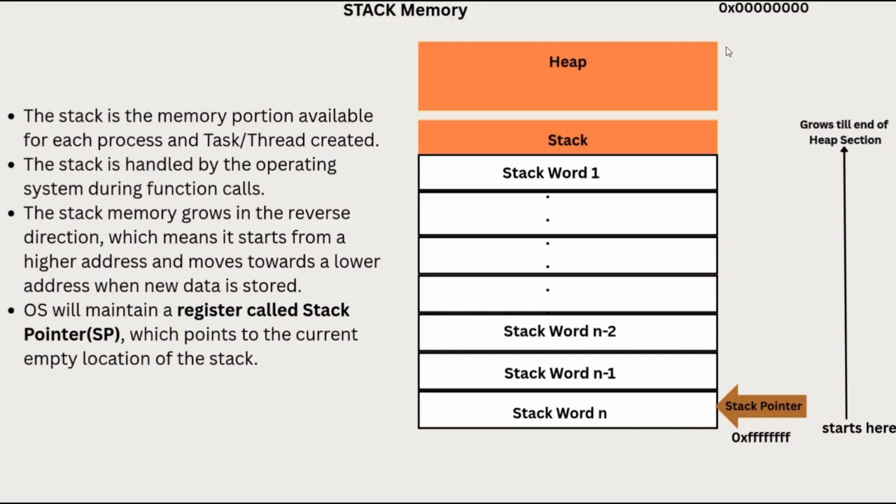So memory generally starts from 0 and grows like this, but the stack grows in reverse order, starting from the bottom and growing. The stack is always behind, next to the heap.